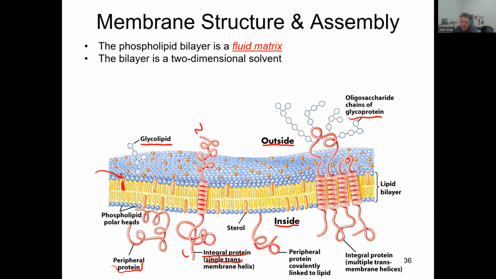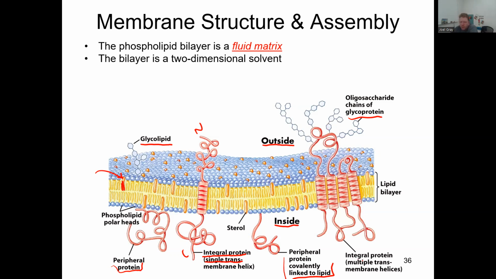But the point here is it's a single transmembrane. There are peripheral proteins that are covalently linked to lipids. Those are going to be found on the interior of the cell. So if a protein has a lipid linkage, that protein is going to be found on the interior of the lipid bilayer.